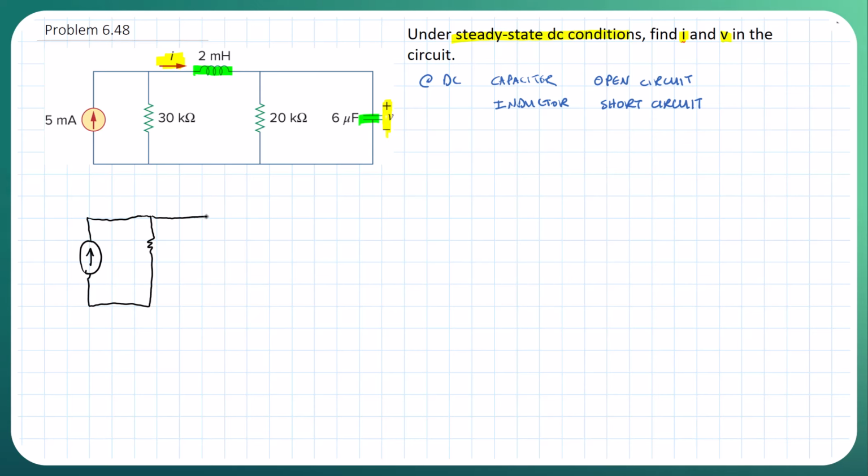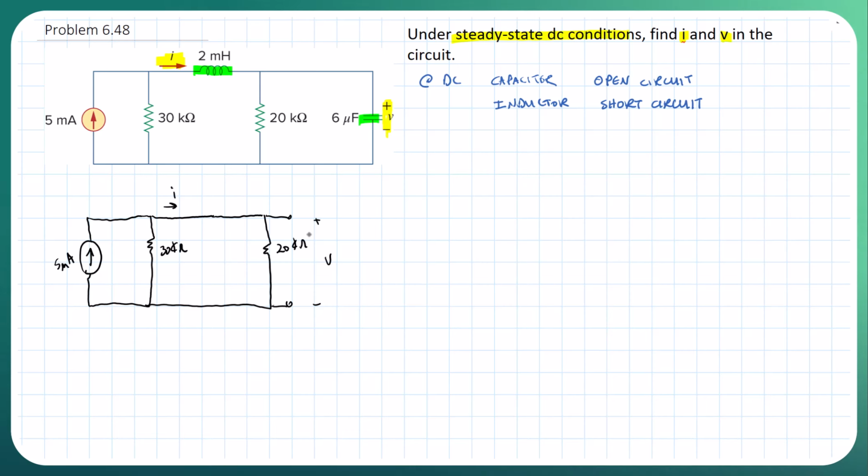The inductor is going to be a short circuit, and then we have our other resistor here, connected here, and of course our capacitor is going to be an open circuit there. Voltage drop across these parallel elements is going to be V. Our current is going to be here I, and this is 5 milliamps. Okay, so this is our equivalent circuit where we have 30 kilo ohms here, 20 kilo ohms here.